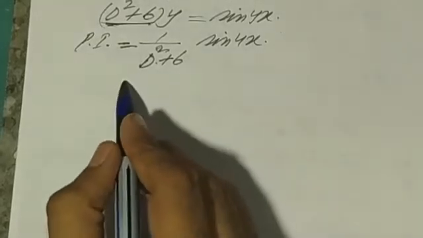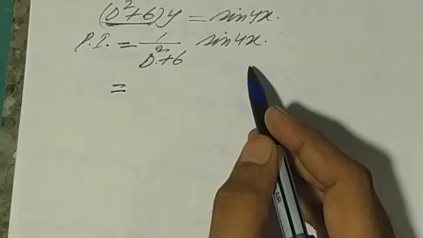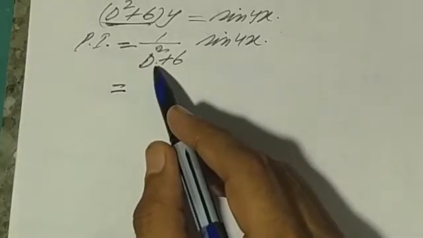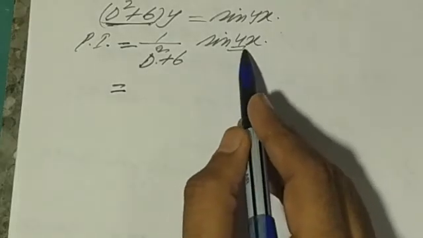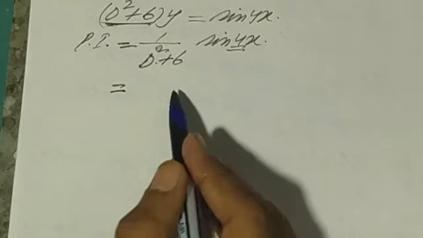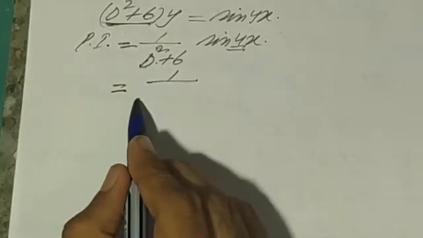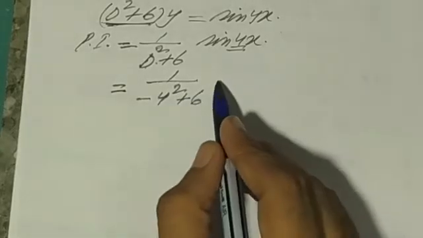So as we have explained, in the case of sin ax or cos ax, in f(D), D square is replaced by minus a square, and here a is 4, so a square is 16, so we have to replace D square by minus 4 square plus 6.